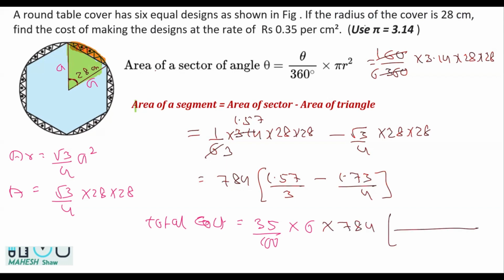Here we have to take the LCM, so 4 into 3, 12 is the LCM. We'll be multiplying 4 with 1.57. 4 multiplied by 1.57 is 6.28.